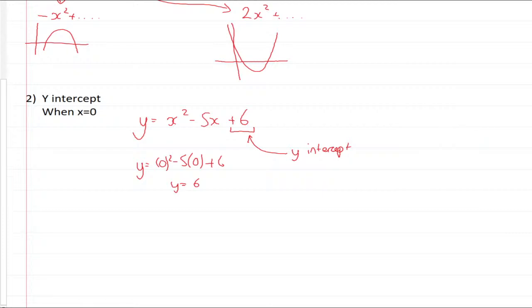What's the next thing? So I've got the shape of it. I've got my y-intercept. What other things can I work out here? I did one right at the start of this topic. Oh, good work. Not the gradient.